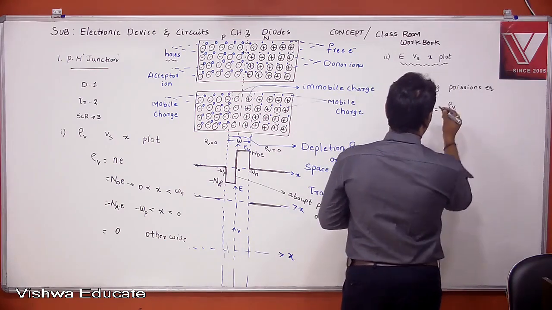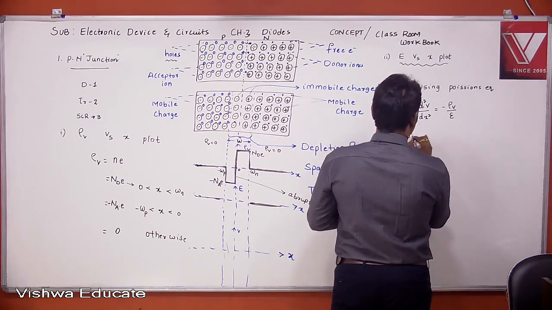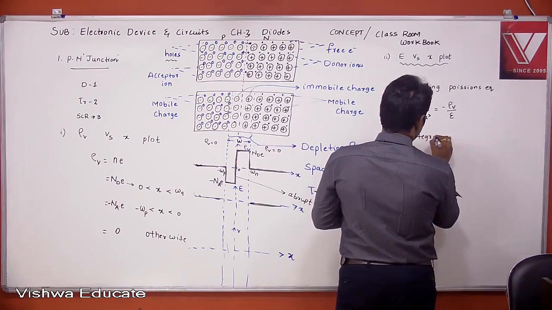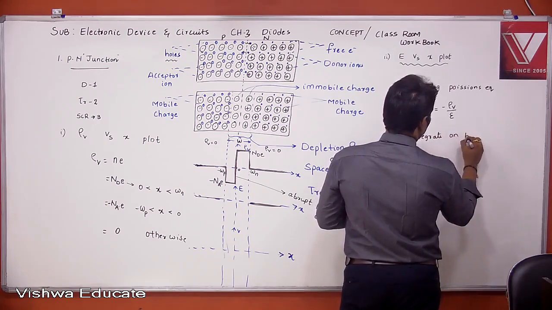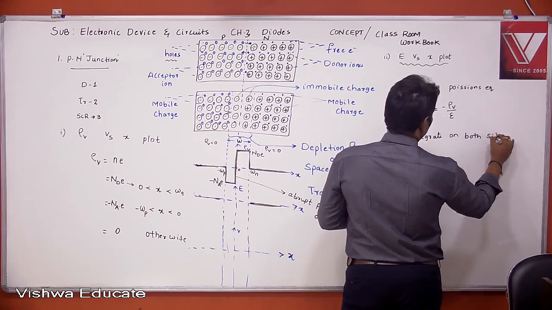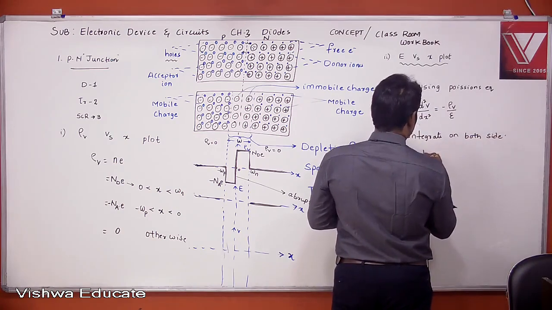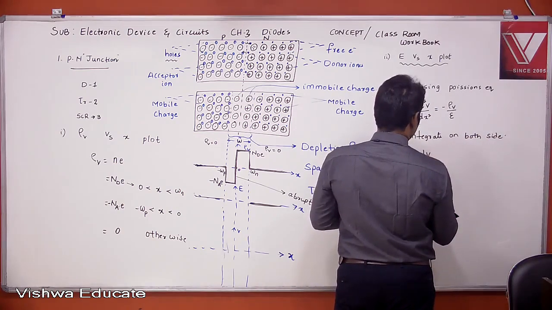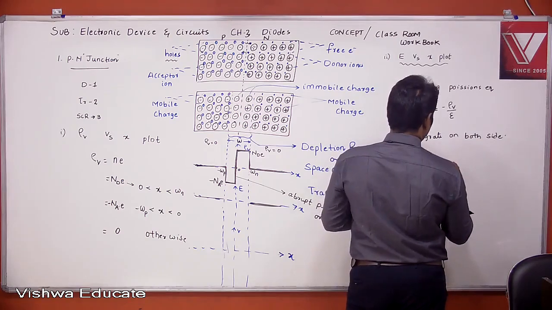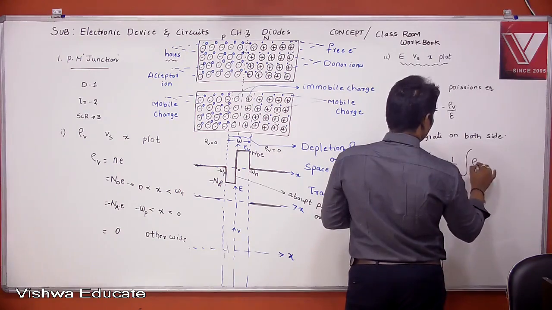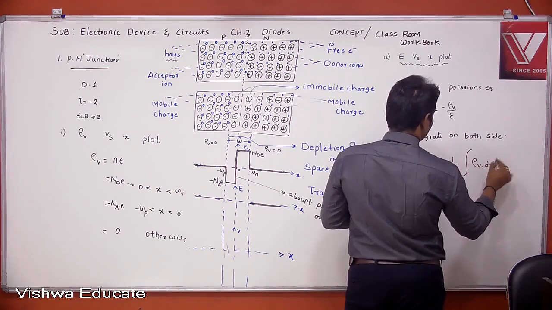Now integrate on both sides. Now this is dV by dx, so 1 by epsilon integral rho V into dx.